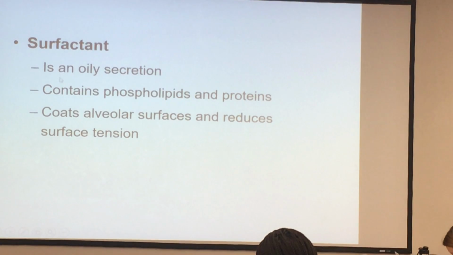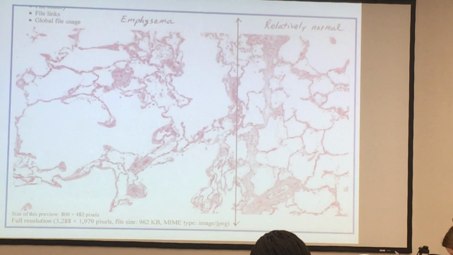Okay, say more about the surfactant. It's an oily secretion that contains phospholipid and coats the inner surface of every alveolus. I'll show you two conditions. This one on the right side is a little more normal, and you can see the single alveolus. In the emphysema person, this one got damaged.